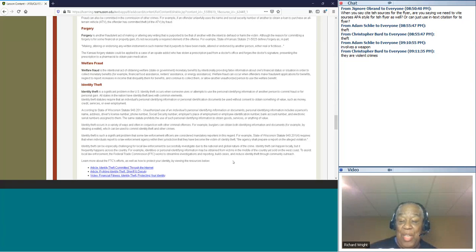For example, the state of Wisconsin requires that when individuals report to a law enforcement agency within their jurisdiction that they have become victims of identity theft, the agency prepare a report of the violation. There are a number of reasons for that: for insurance purposes as well as to protect the individual.